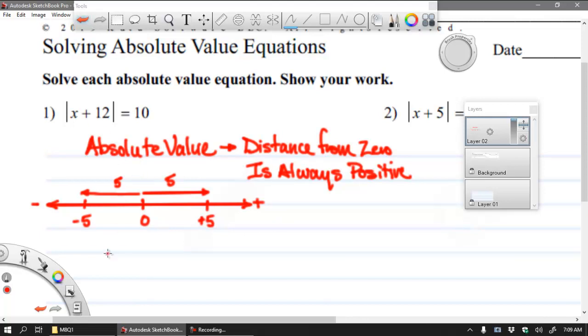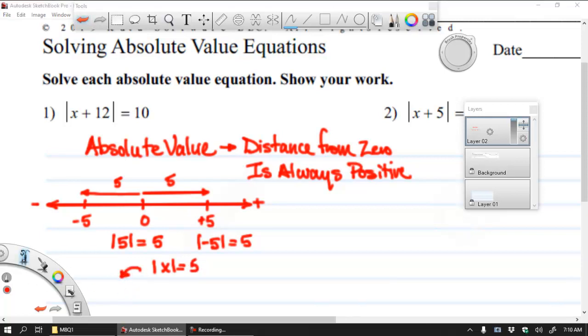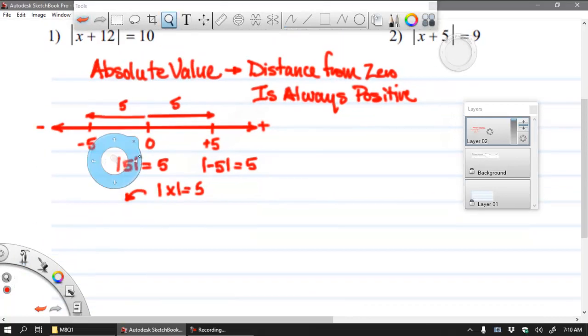Now, if I take a look at the absolute value of 5, it's 5. If I take the absolute value of a negative 5, it's also 5. So if I want to take a look at the absolute value of x, and the absolute value of x has to be 5, there's actually 2 equations I need to solve for. Let me move this up just a little bit.